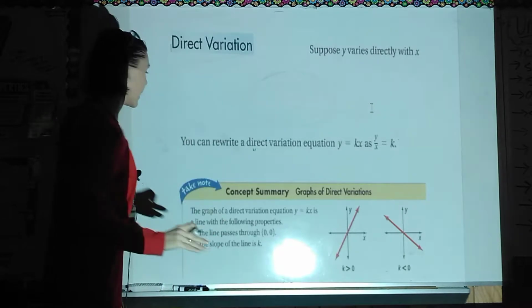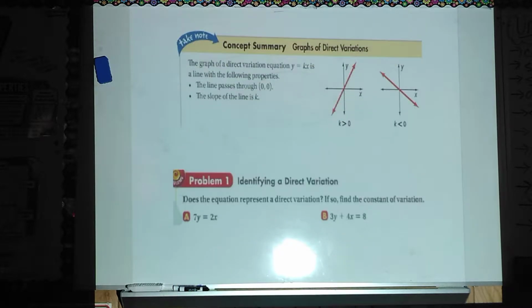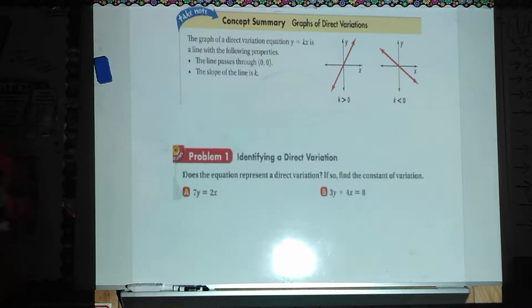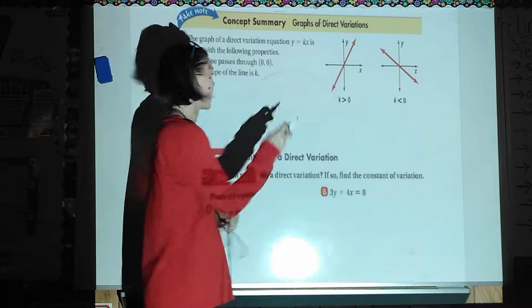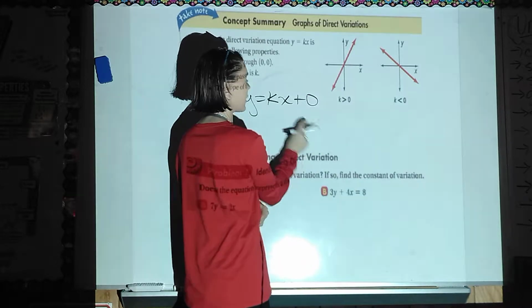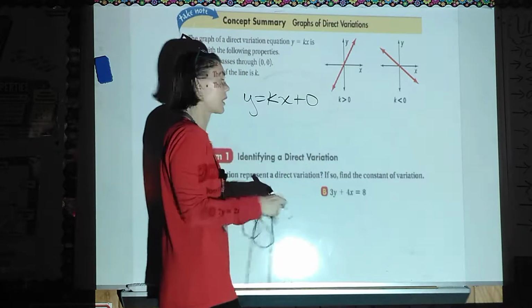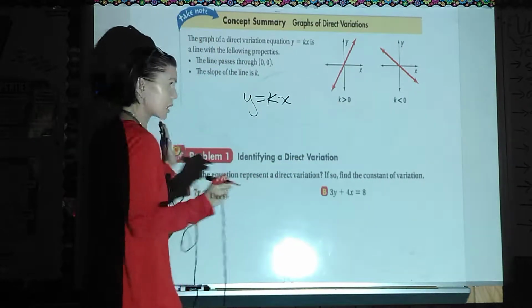So again, here are the graphs. I'm going to scroll it down. Here is what the graphs of a direct variation look like. Like I said, it always passes through 0, 0 because you have y equals kx, and there's no plus b, like we said. So it's always 0.